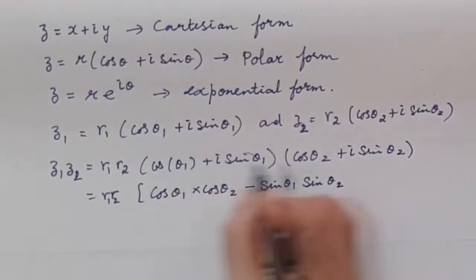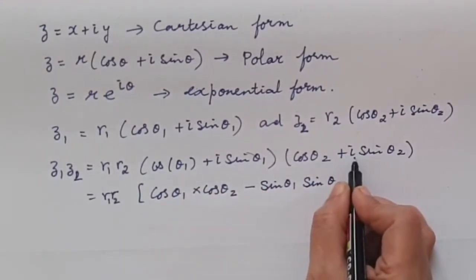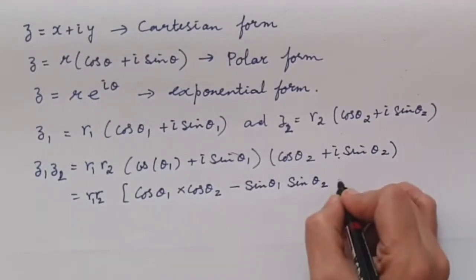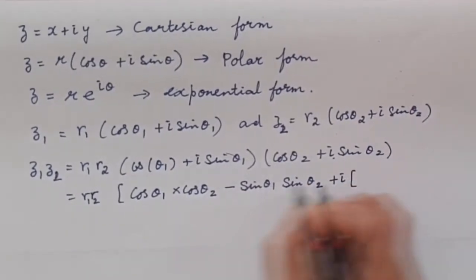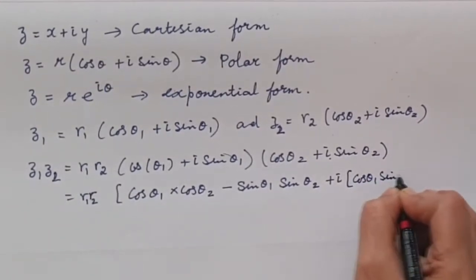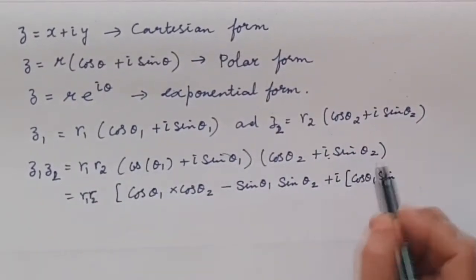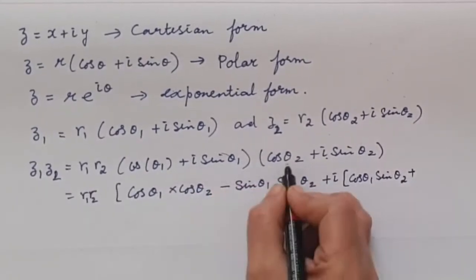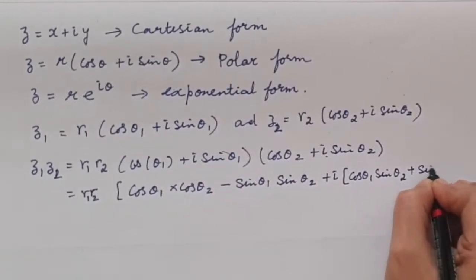Then the first term with the second term's other part gives the imaginary part. So i is common, and we get cos theta 1 sin theta 2 plus sin theta 1 cos theta 2.